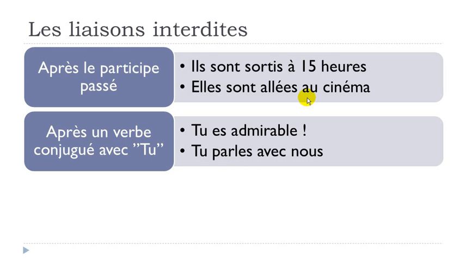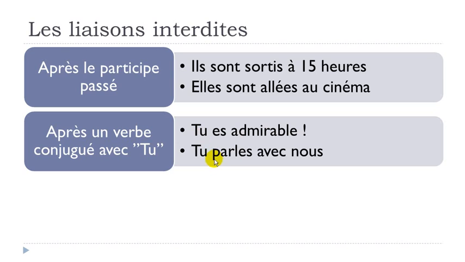So in that case, if you look at the sentence, you've got first your subject, tu, and then here you get est, okay, and this is the verb être, second person of the singular, so tu es admirable. All right, and in that case, don't make the liaison, okay? Tu es admirable.